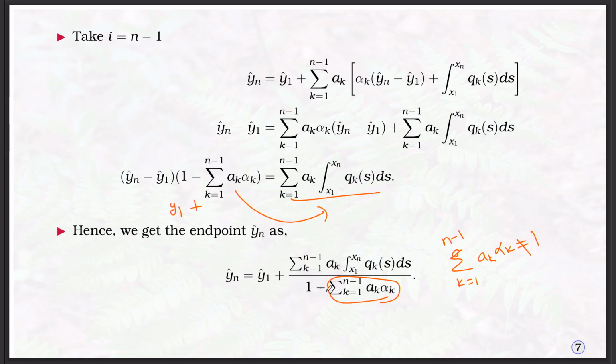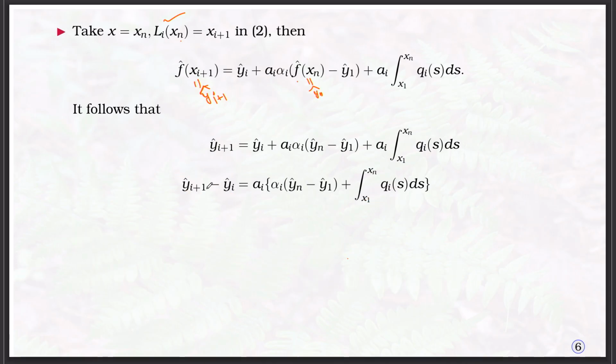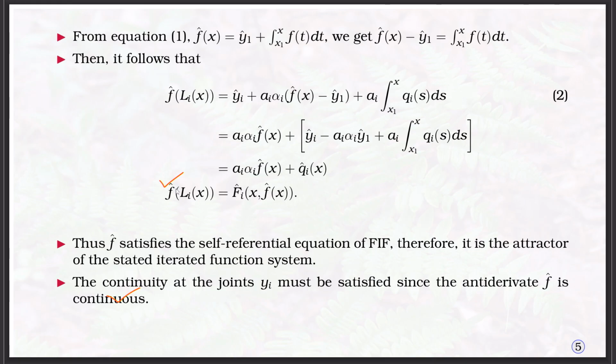So you can observe here we are finding all the endpoints, and the continuity at the joint yi must be satisfied since the antiderivative of f is continuous. Therefore, the continuity is also satisfied. This function is the attractor.